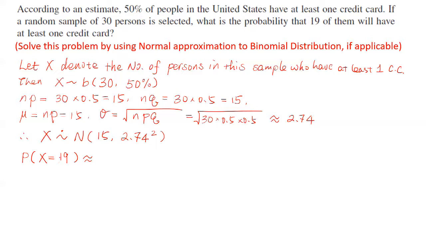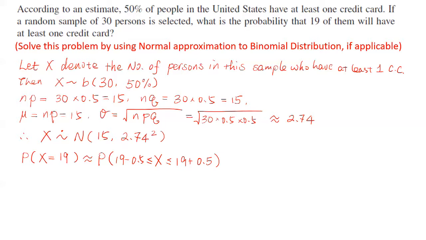Because if you do not correct the interval, for any given single value, X being the single value, the probability is always 0, right? So first of all, we need to correct this interval, which is X being 19 means X is within 19 minus 0.5 and 19 plus 0.5.